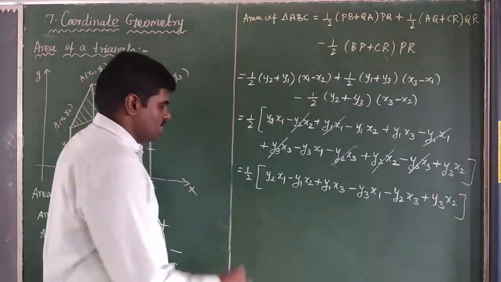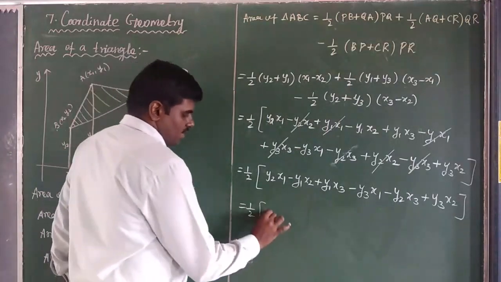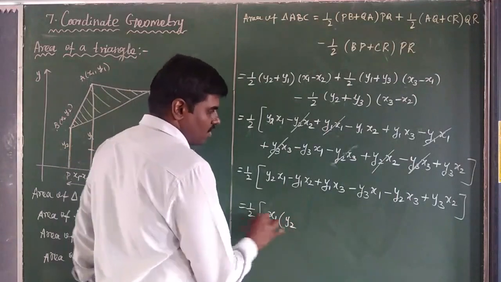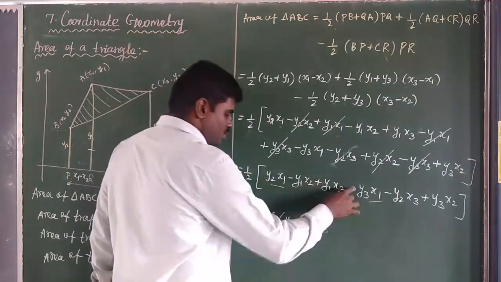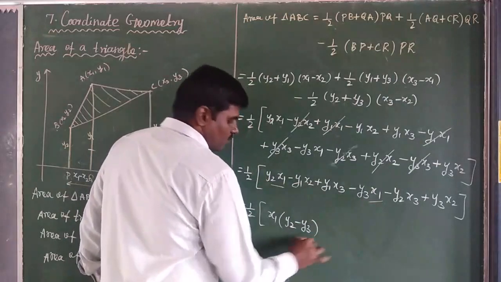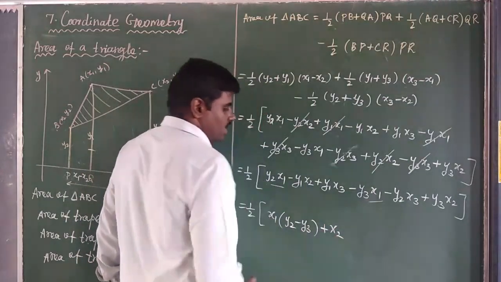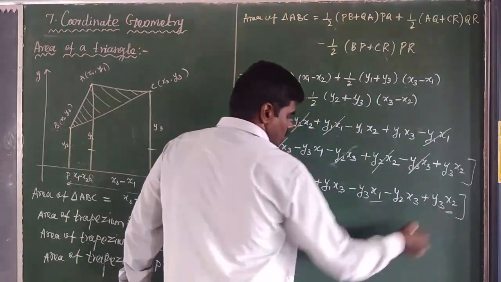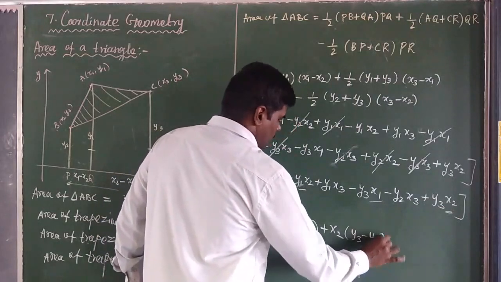Is it clear? Take 1 by 2 the same way. Here I will take x1 common: x1 times y2 minus y3. Plus I will take x2 common: x2 times y3 minus y1.